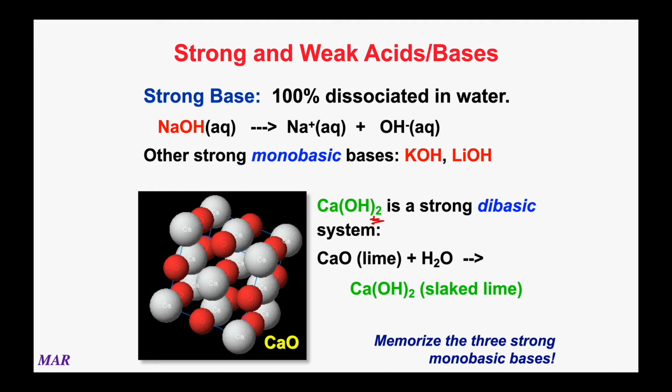Anyway, there's lots of other ones, but again, if you know the 3 strong monobases and the 5 strong monoacids, honestly, you're good to go for this class. Calcium hydroxide is especially interesting because it forms from lime. If you add water to lime, calcium oxide, it makes slaked lime, which is this calcium hydroxide. It's a really interesting system.